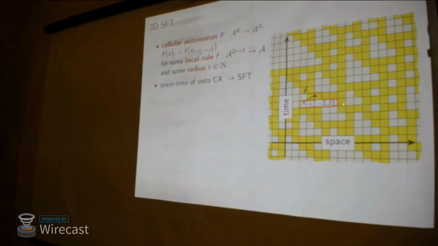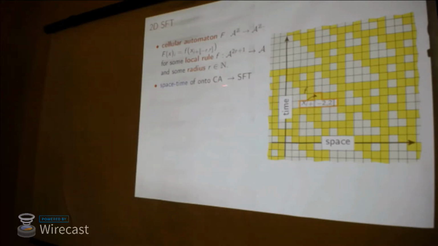Of course, if I draw it like this, what appears in the space-time diagram of the cellular automaton is only the configurations which have an infinite history, which can be extended, which can come back infinitely often. That's why I focus more or less on surjective cellular automata.